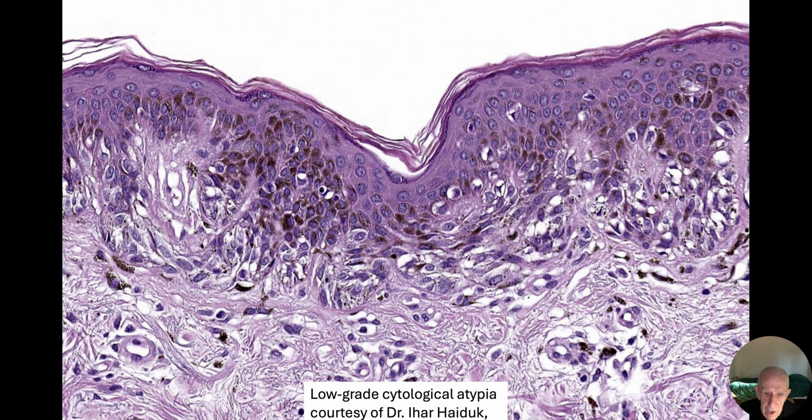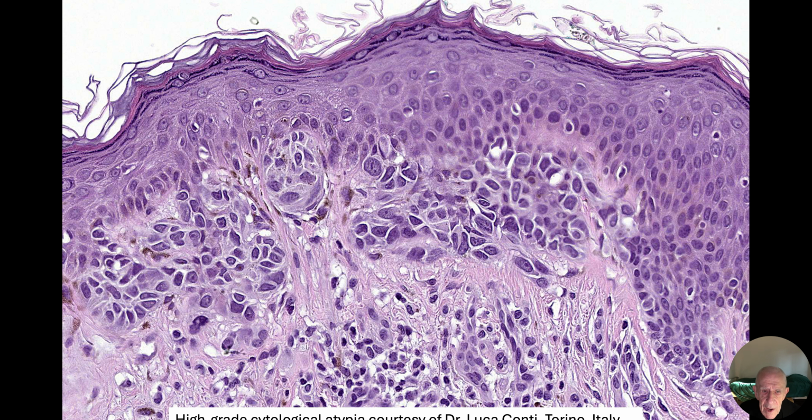So this is low grade cytological atypia. This case was courtesy of Dr. Eha Hajduk, and you can see there's a little bit of variation in nuclear size. The nuclei are larger than the basal keratinocyte nucleus, and small nuclei are present, and this example shows extensive bridging.